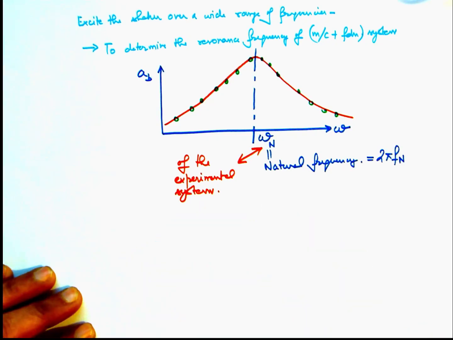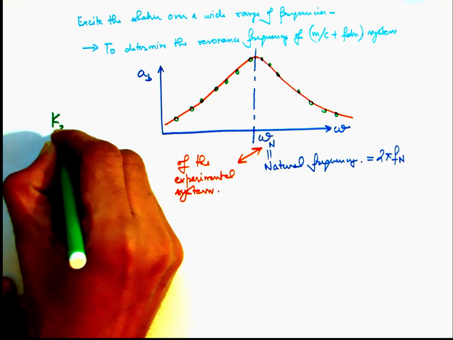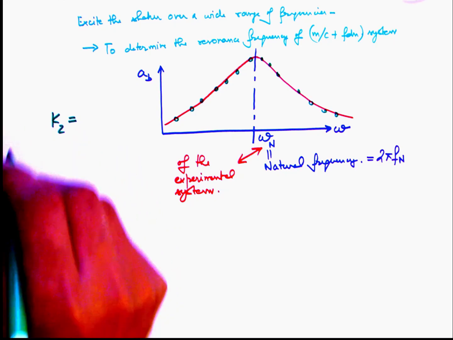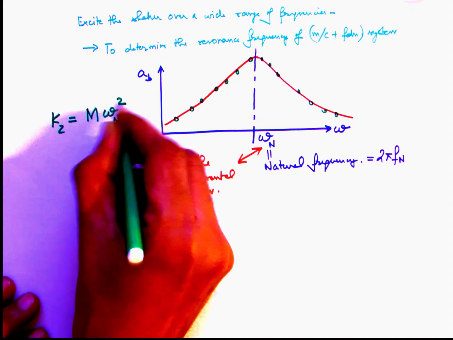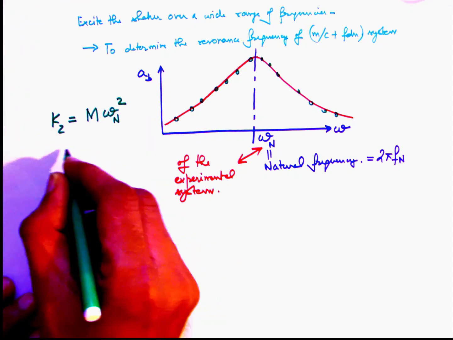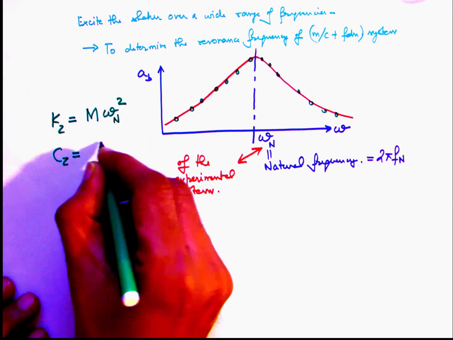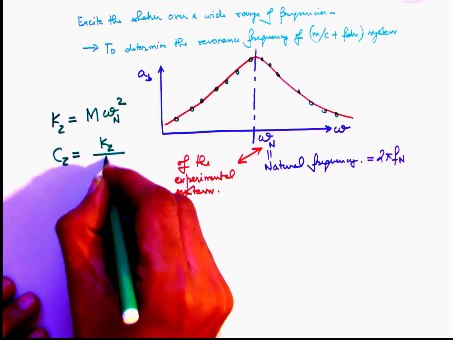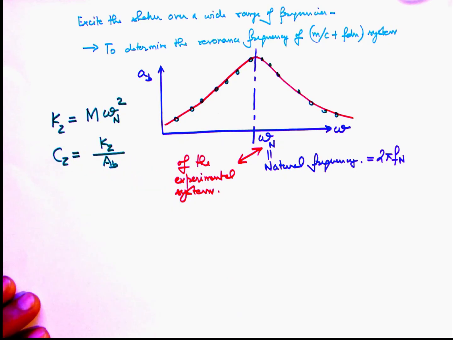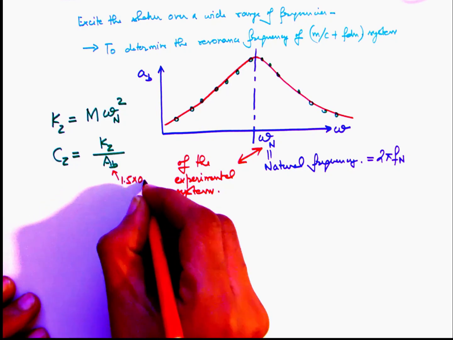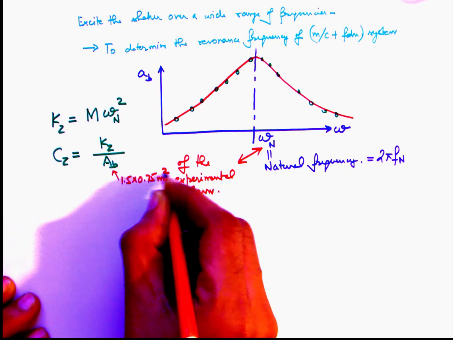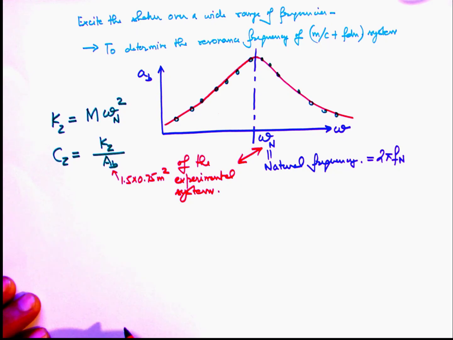So once we have obtained the natural frequency of the experimental system, then we can obtain Kz of this particular system by the product of the total mass and the square of the angular frequency, and from the stiffness we can obtain Cz by dividing by the area of the block, which is 1.5 by 0.75 meter square.